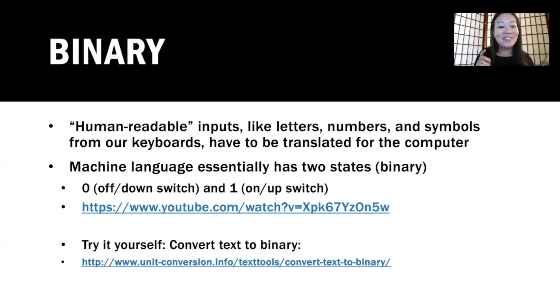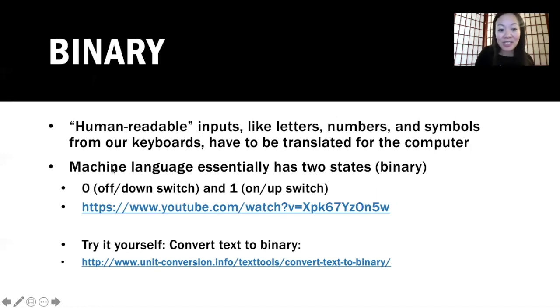Okay, so we're going to have just a quick little bit about binary here. Human readable inputs like letters, numbers, symbols, all of these things that you see on my screen here have to be translated for the computer. So we call these human readable because it's things that you and I can look at and understand easily. Like I can read all of these words here. But how does a computer interpret each of these things?